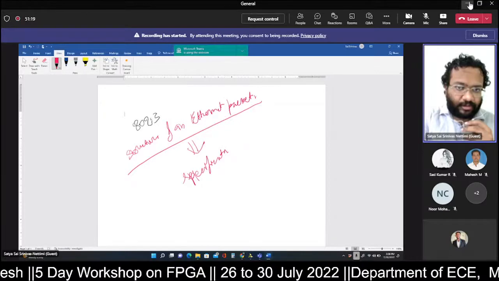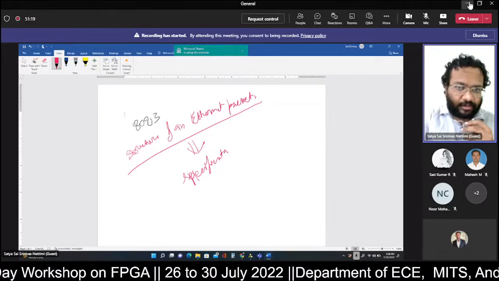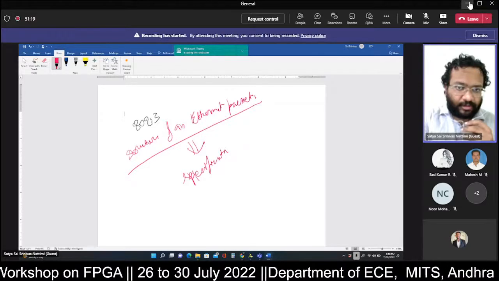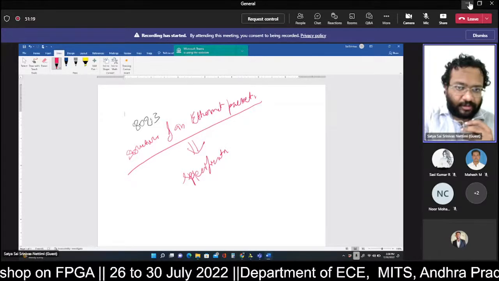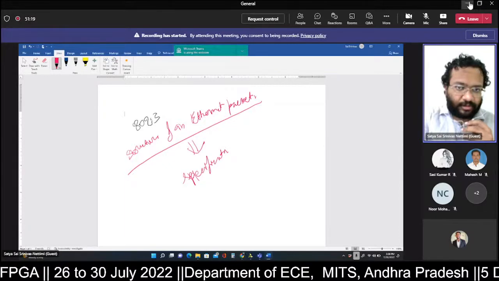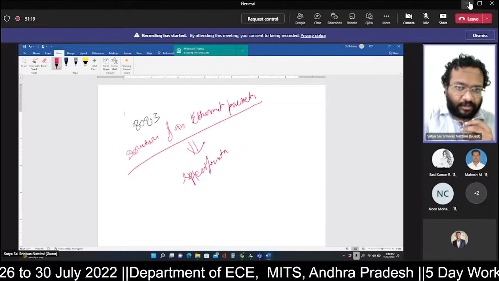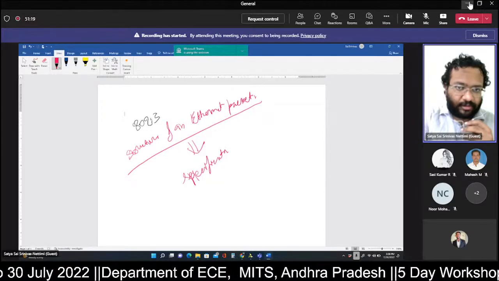Next, combinational next state logic, and next, if you are driving any outputs via register, output logic.